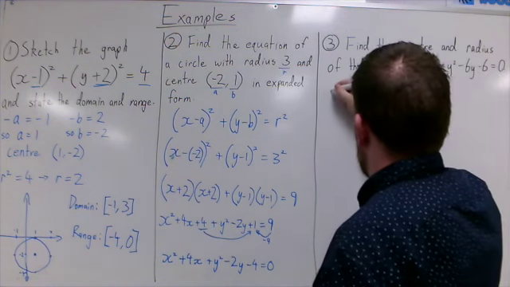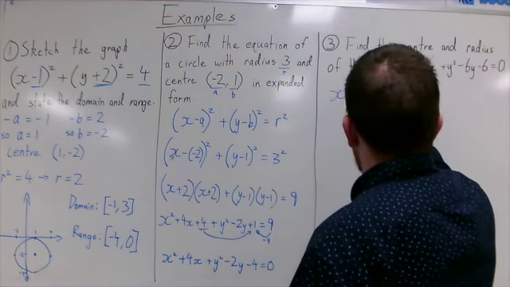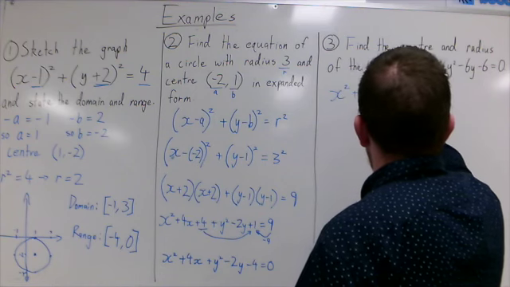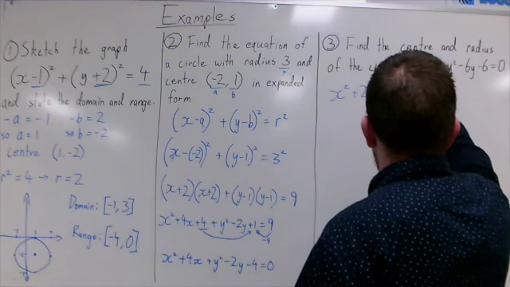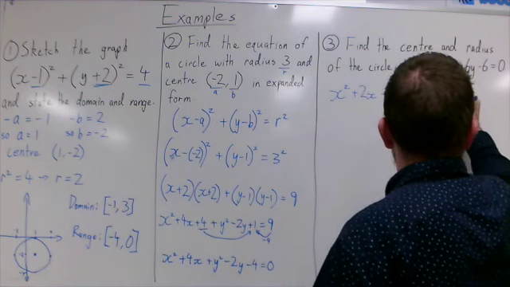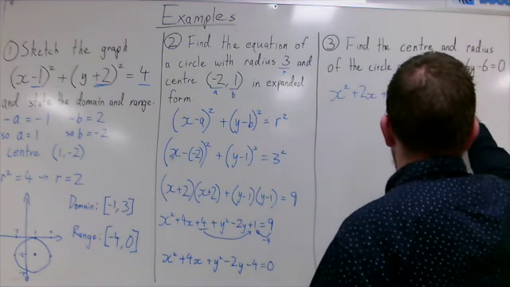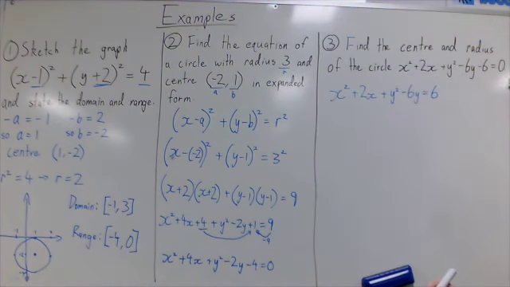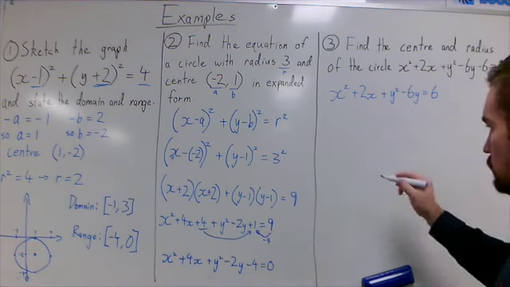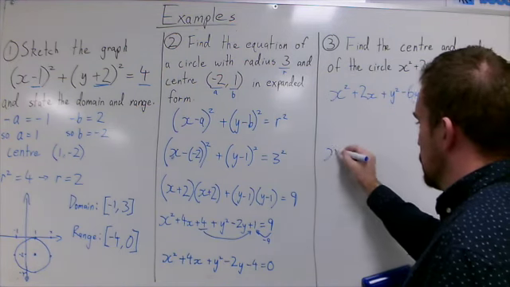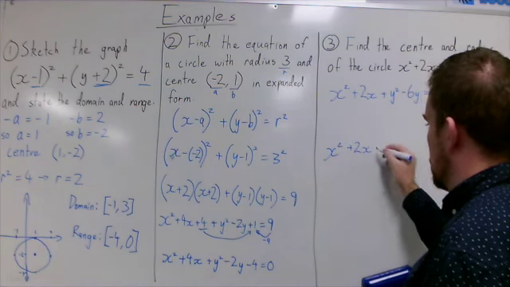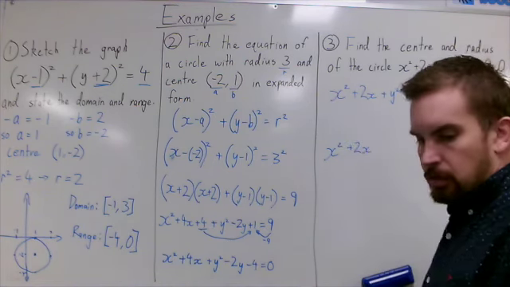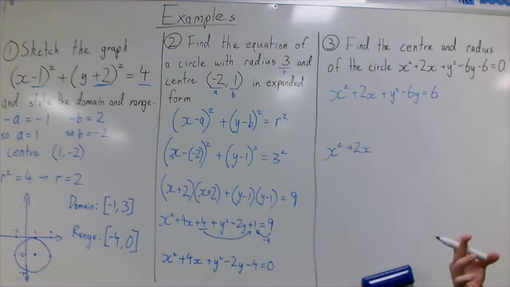So we go through and we say x squared plus 2x plus y squared minus 6y equals, and when I've moved the minus 6 over to the other side, it will equal 6. Alright, the next part from that is I'm going to leave a bit of space, and for completing the square, remember, we are trying to find a number that we add to the equation to make it a perfect square.